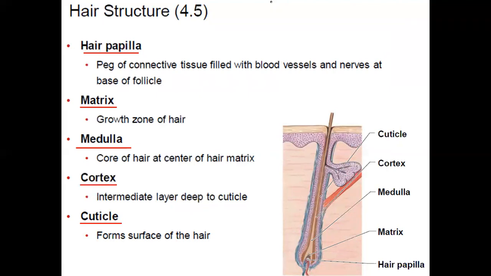It's an intermediate layer, between the cuticle, the outermost layer of the hair, and the medulla. So the innermost layer is the medulla, then the cortex, and the outermost layer, basically the surface of the hair, is the cuticle.